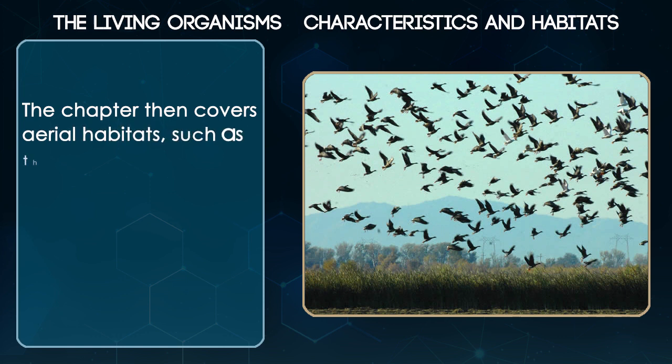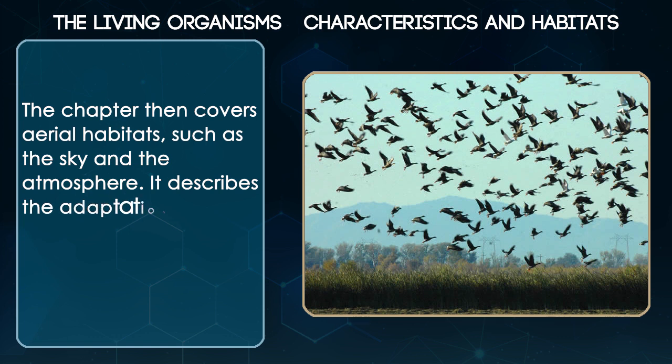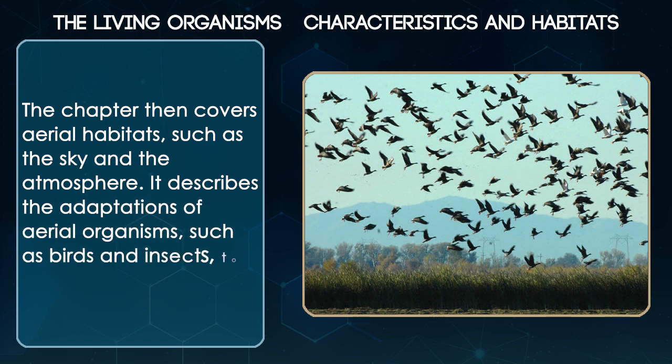The chapter then covers aerial habitats such as the sky and the atmosphere. It describes the adaptations of aerial organisms such as birds and insects to fly and move in the air.